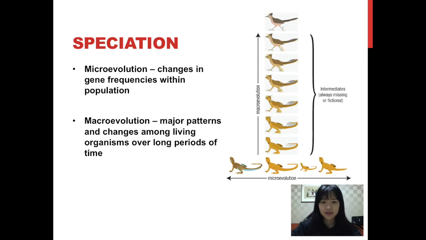Speciation forms a conceptual bridge between microevolution and macroevolution. Microevolution is a change in gene frequencies within a population, whereas macroevolution is major patterns and changes among living organisms over a long period of time.